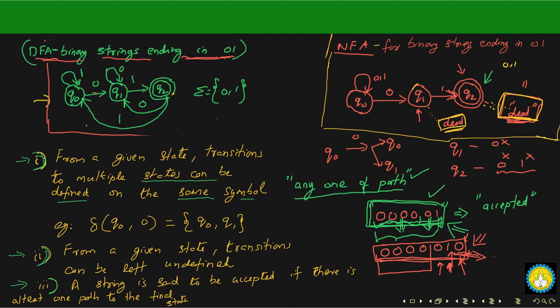Now, in the next video, I'm going to define the mathematical definition of an NFA. We will also find the difference between the mathematical definition of a DFA and an NFA.